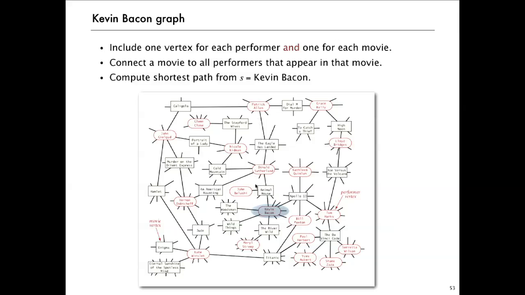If you follow back through that path, you get the proof of the Kevin Bacon number for each actor, and we have an implementation of that on the book site. So that's another example.